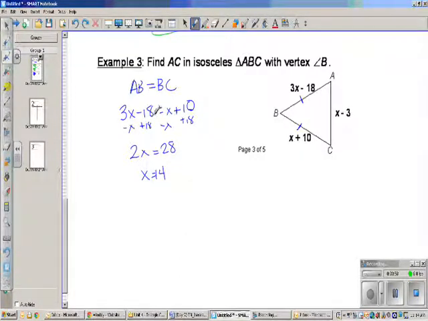Now if x equals 14, it asks for AC, which would be 14 minus 3, which is simply 11. So the length of AC is 11.